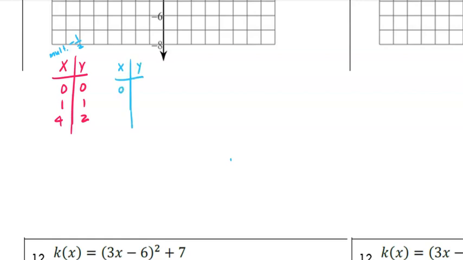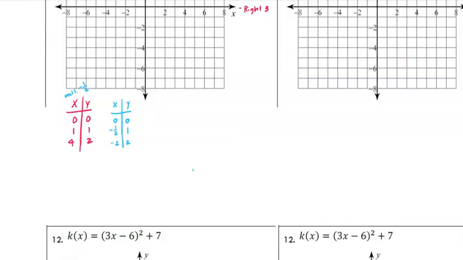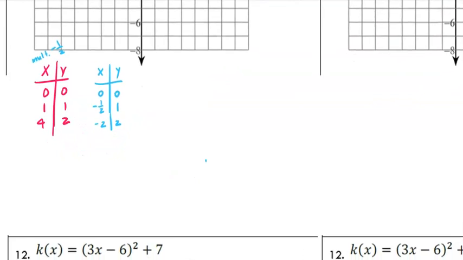So I end up with a 0, 0 and a -1/2, 1, and a -2, 2. And then right 3 is going to be a +3 on the x. So it's going to be 3, 0. And then that is going to be 2.5, 1.